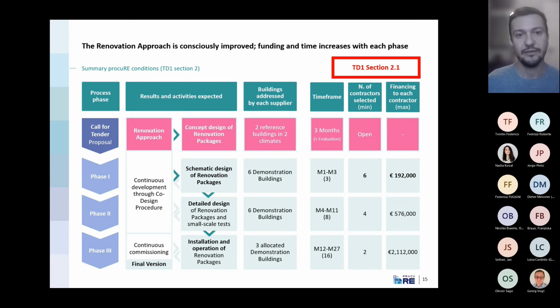And you can also see the financing that is foreseen for these steps per contractor, maximum amounts, and also a little bit of what is expected: in phase 1 a schematic design, in phase 2 a more developed, more detailed design, and then in phase 3, as I said, the installation and operation of the proposed solutions.